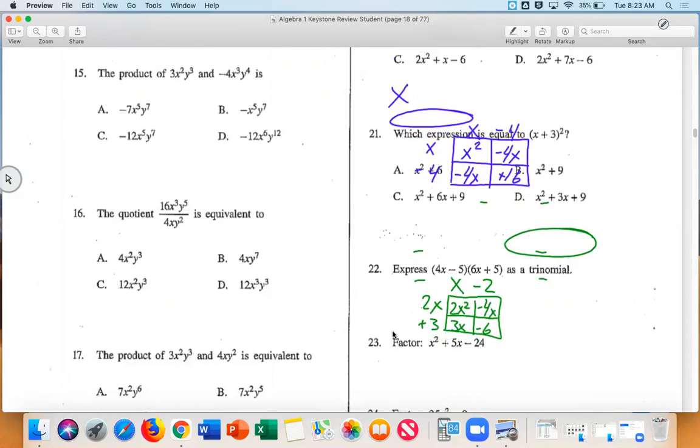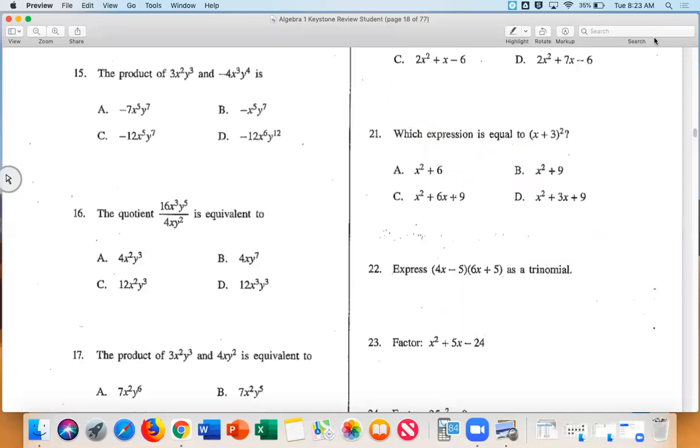All right. Now, I'm not quite sure if you've been picking up on the pattern yet, but a lot of times with these problems, not like 20, but with the other ones, we're going to add 2 things to get that middle term.